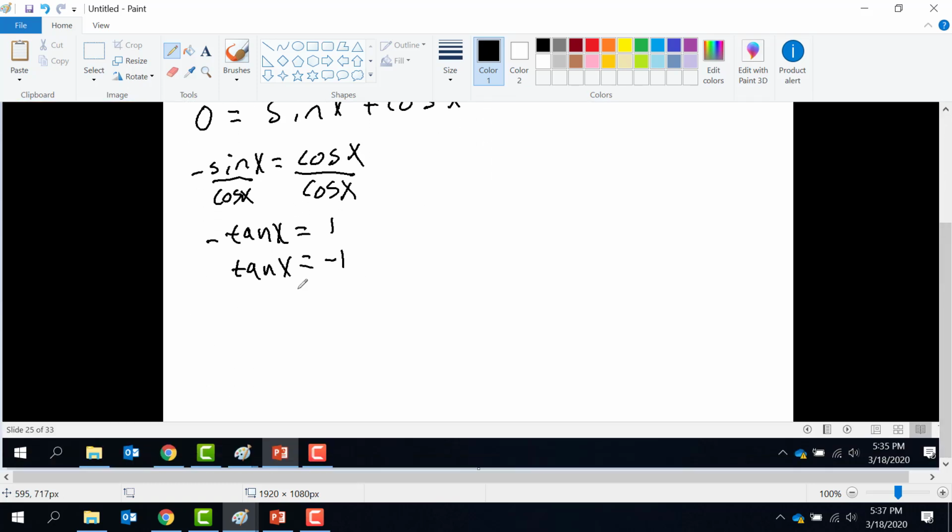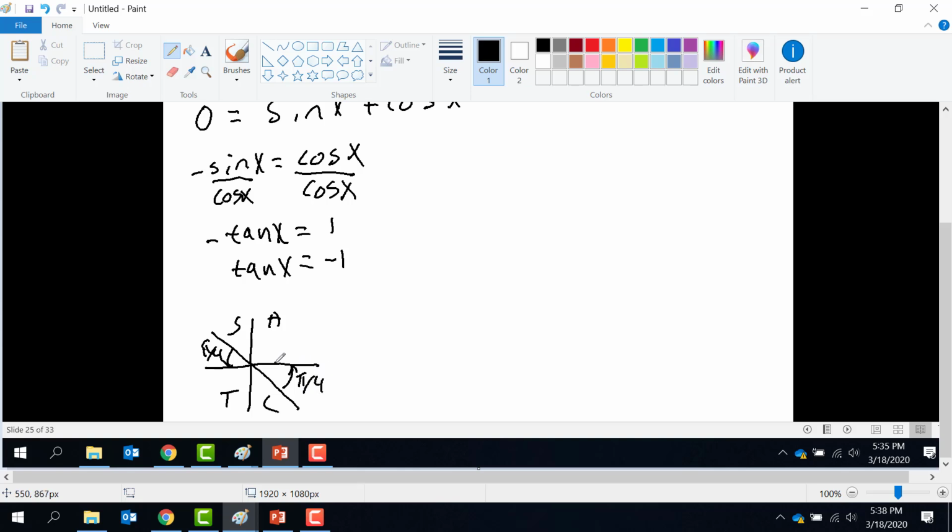So then we're looking at the quadrants, A, S, T, C. We're looking for the tangent to be negative, and so that's either in quadrant 2 or in quadrant 4. The ratio of 1 comes from π/4, so your reference angle is π/4.